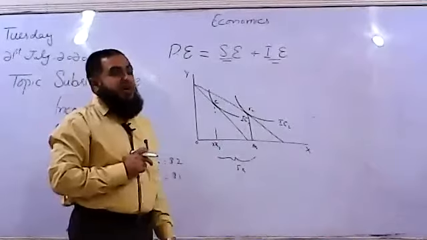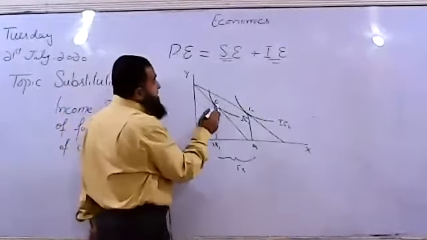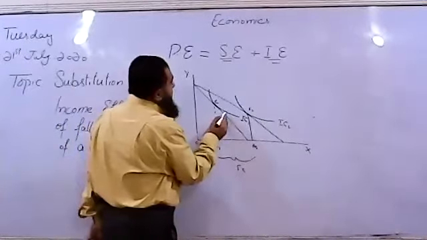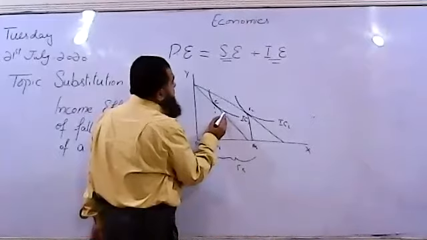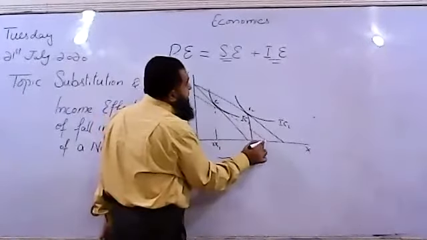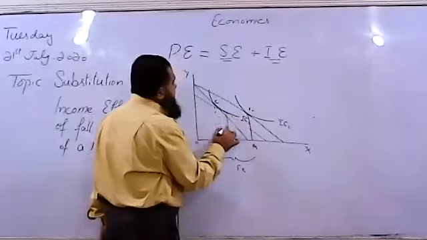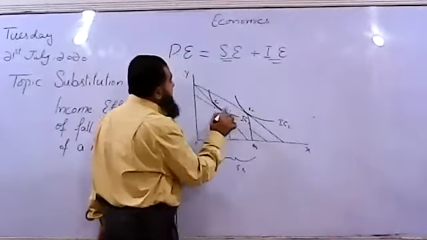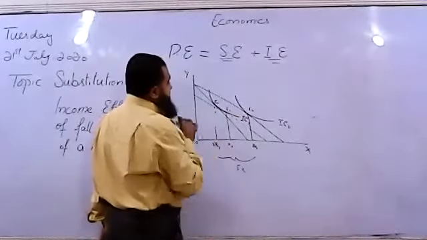So this is in order to approach the previous indifference curve. If we have the parallel downward shift of this new budget line, it will make the tangency condition at E2. This is X2.